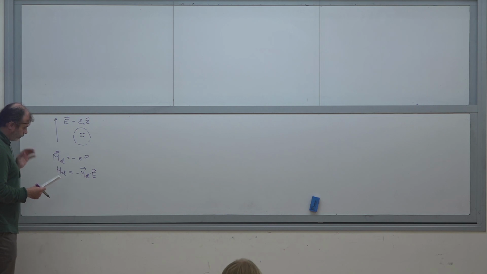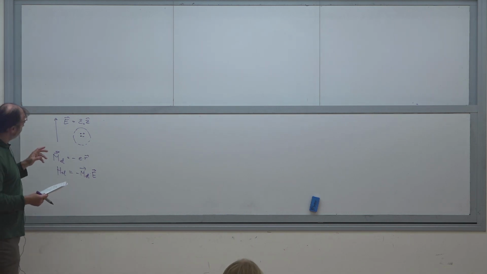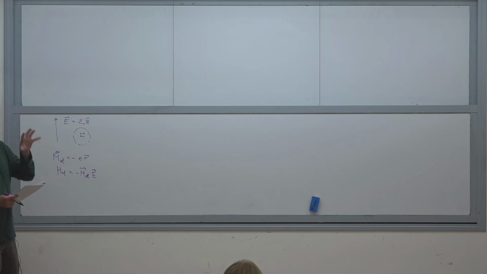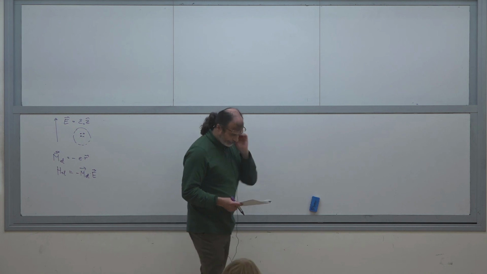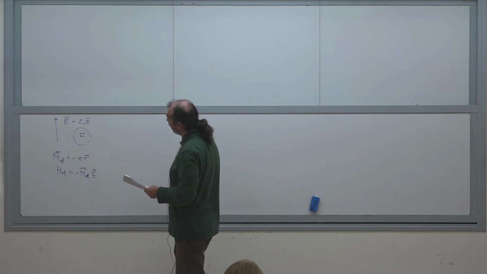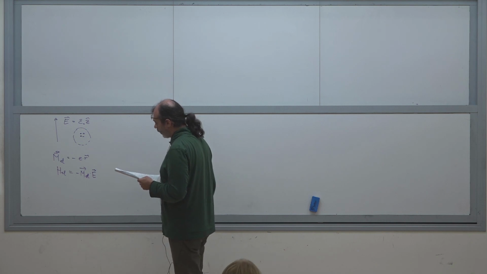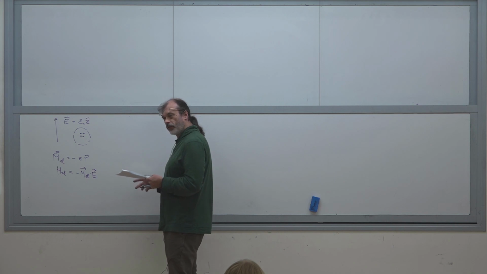Okay, now what we want to calculate is how the states of the hydrogen atom will be affected by this electric field. So we need to calculate, again, by perturbation theory.